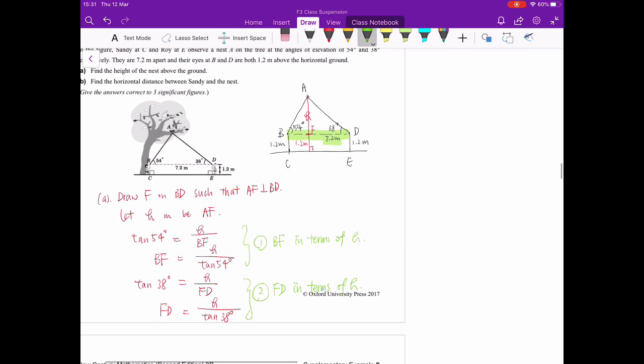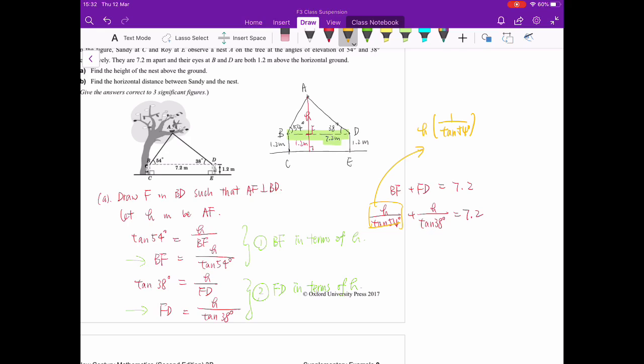Okay, after we prepare these two expressions, we can set up an equation. You know that BF plus FD equals 7.2 because this is the whole line BD. It means the sum of these two expressions equals 7.2. For the first one, you can treat it as H times 1 over tangent 54 degree.